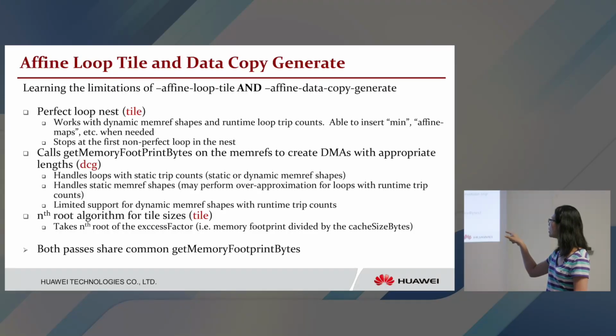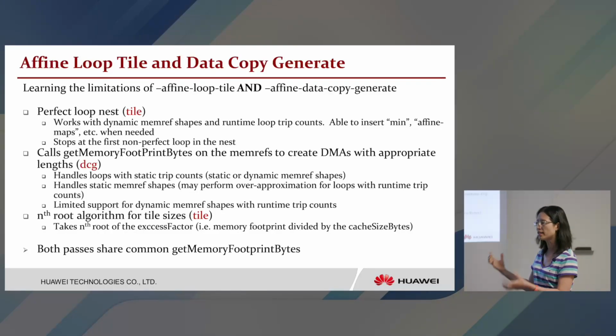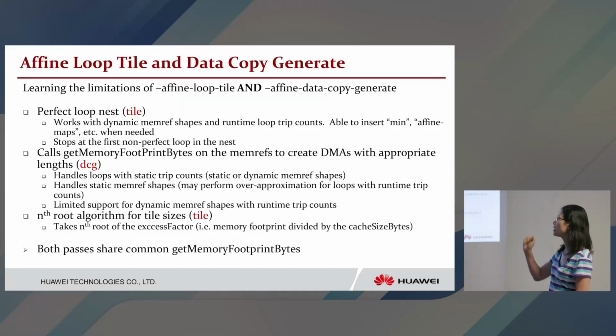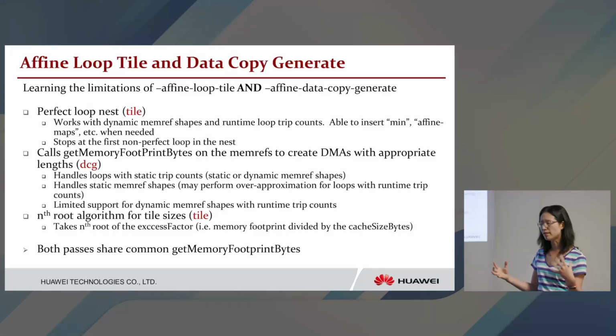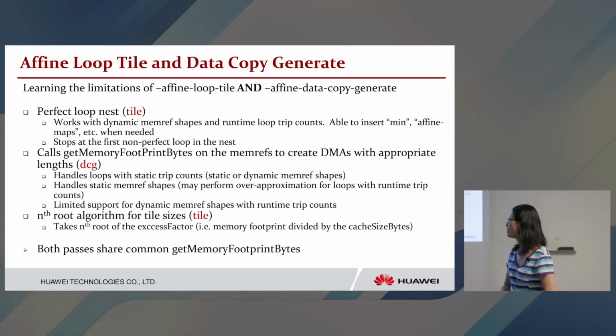So the memory footprint divided by the cache size in bytes. Are you 3 times more or 4 times more than the cache can contain? That is your excess factor. And it takes the nth root of that. So the result is a square or cubic type of tiling. Why is that the default? I don't know. But that's what the algorithm is. It doesn't really work for us.